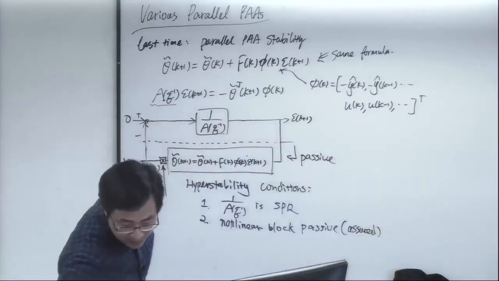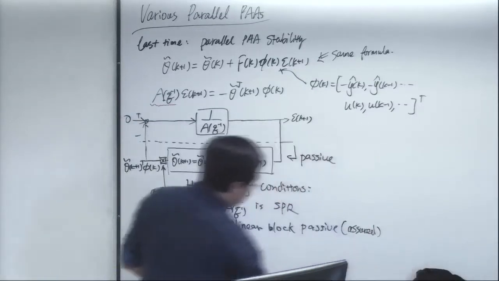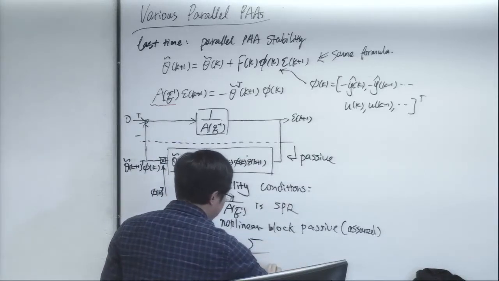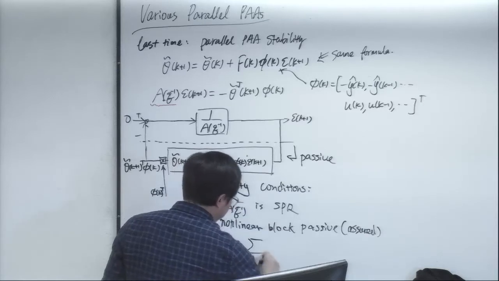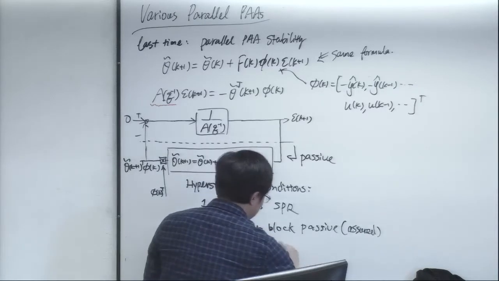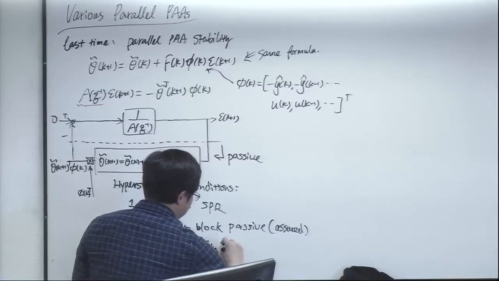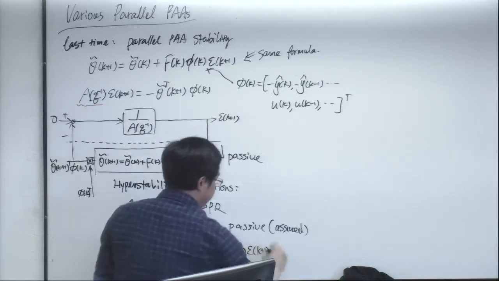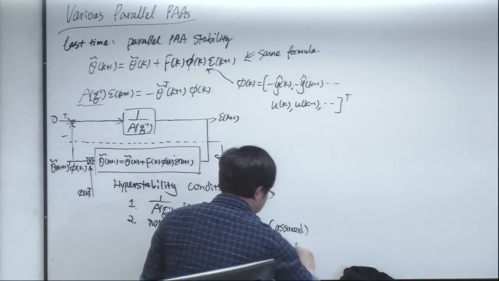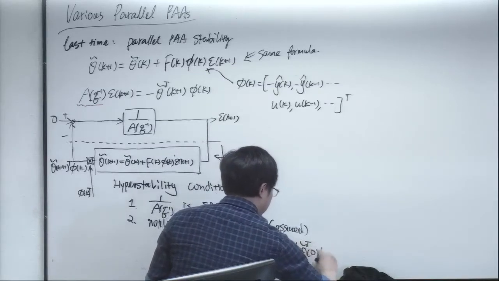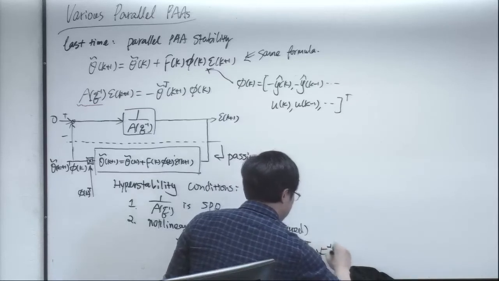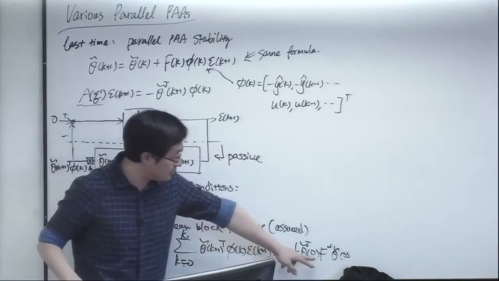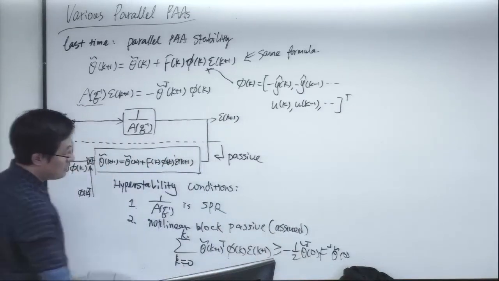And more specifically, we can know from previous analysis for this block that this Popov inequality will be lower bounded by something related to the initial condition, if this is a constant adaptation gain.